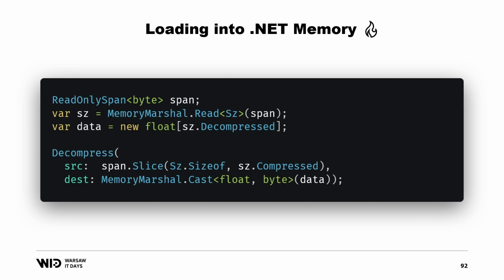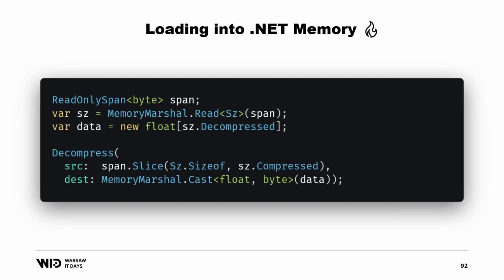We can use, again, MemoryMarshal.cast, this time turning the array of floating point values into a span of bytes to use as the destination. Now, no copy is involved. Instead, the decompression algorithm directly reads from the disk, usually through the page cache, into the destination array of floats.